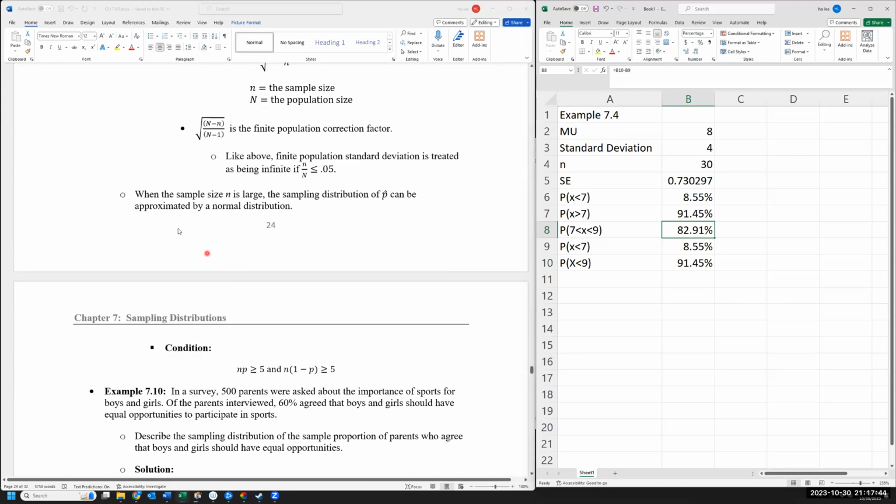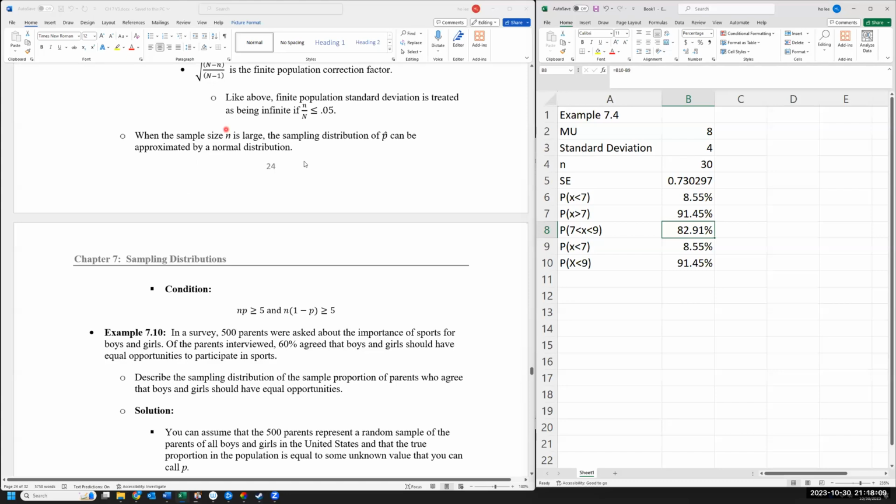Okay. When the sample size n is large, the sampling distribution of the sample proportion can be approximately normally distributed. Why? Because of the central limit theorem, same as above, that we learned for the sample means and the sum.